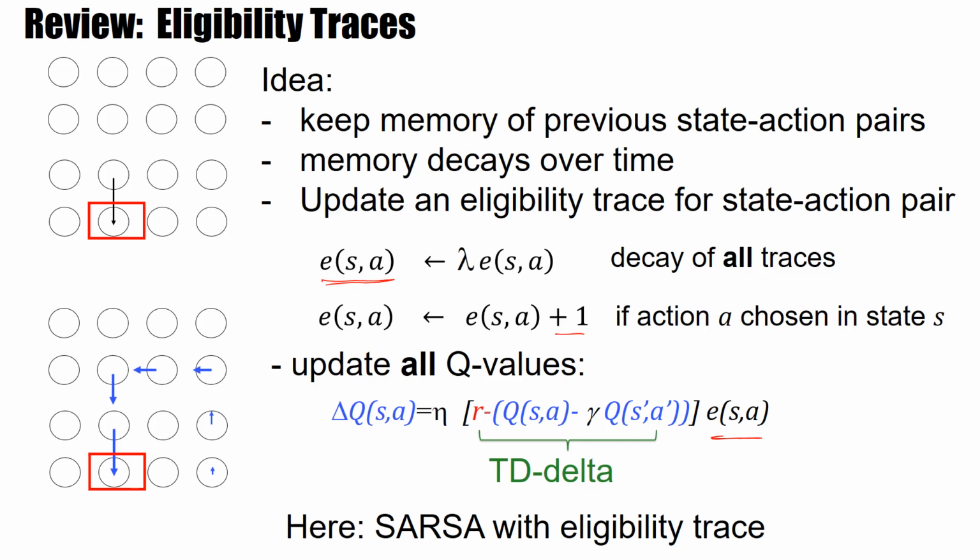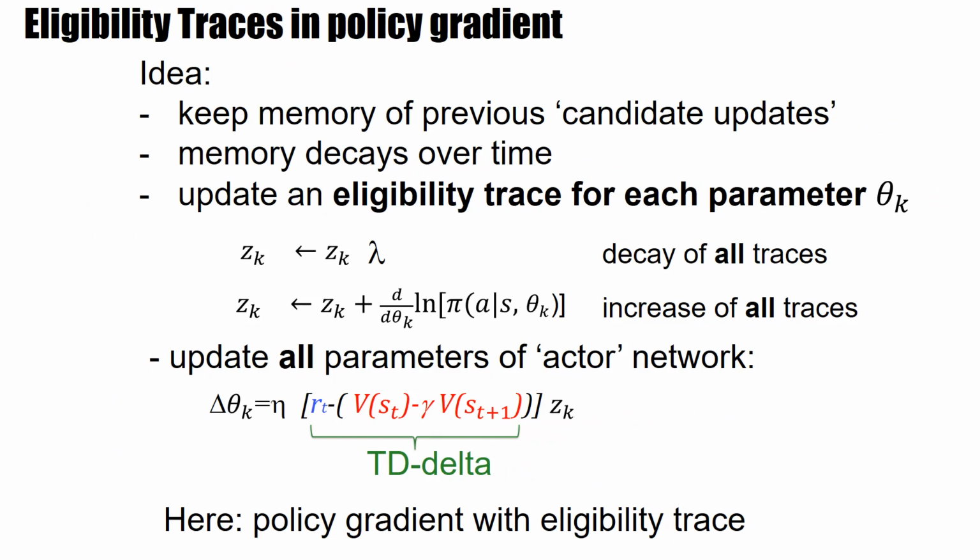So let's now use the same idea, but for an actor-critic structure, for a policy gradient algorithm. So the idea is we keep memory traces of previous candidate updates. And again, this memory decays over time. And the way it's implemented is for each parameter k, we have an eligibility trace, z_k, and it decays with a parameter lambda, where lambda is smaller than 1.